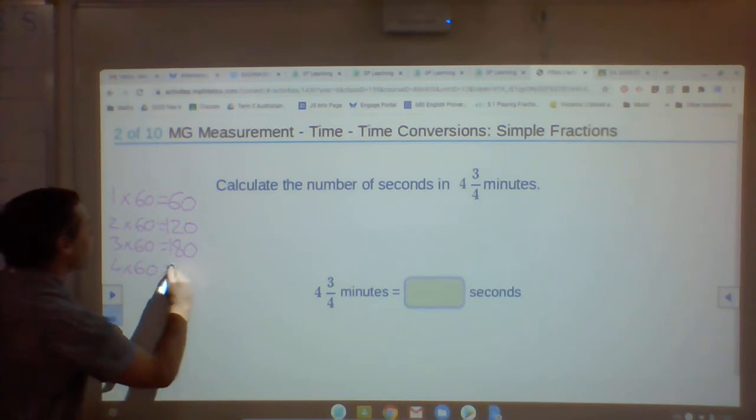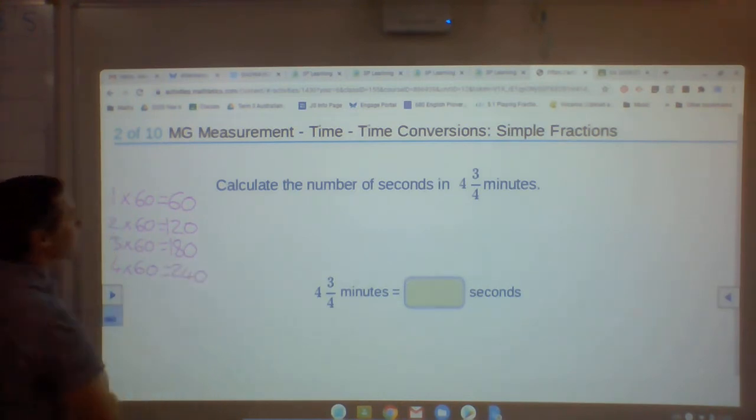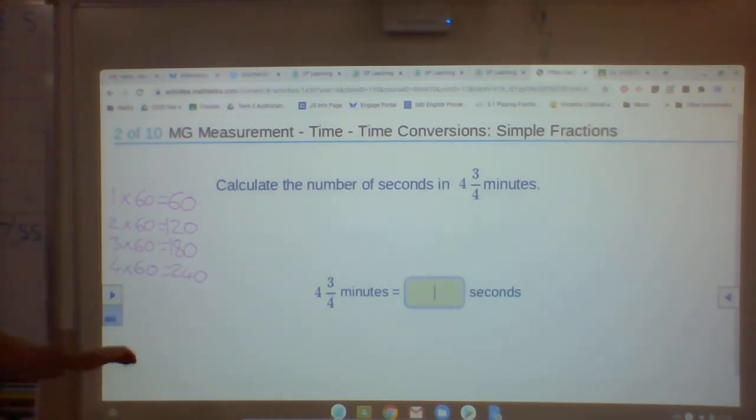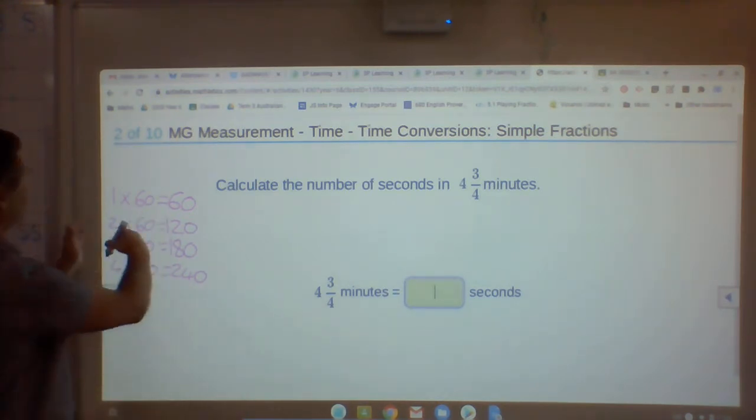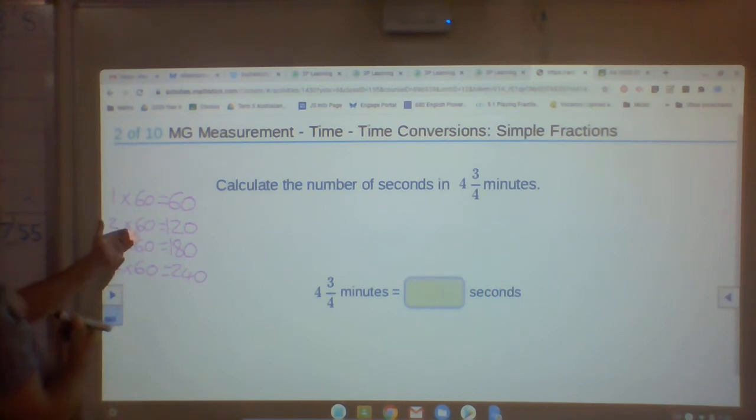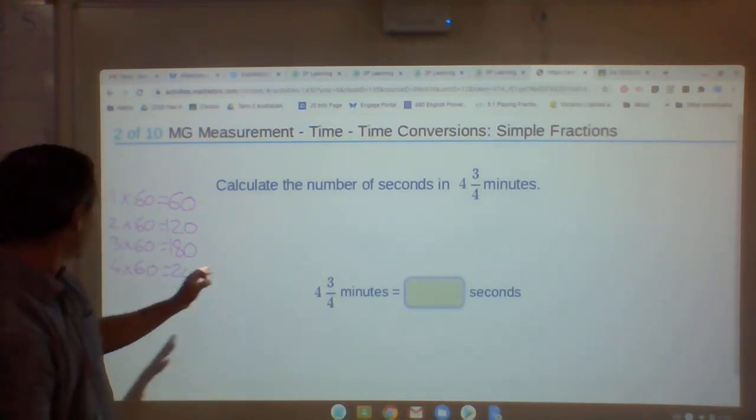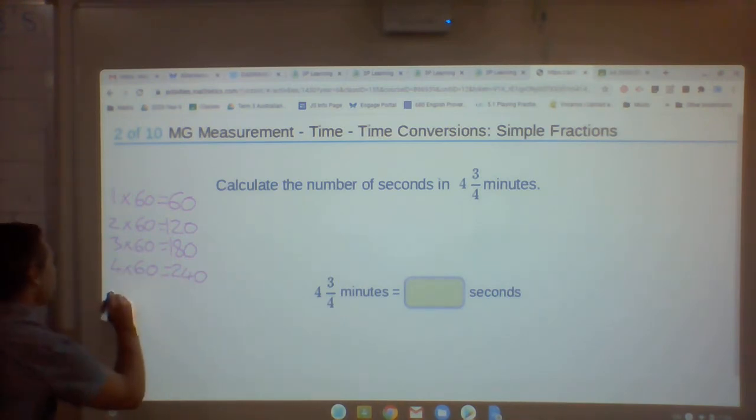And this is where your 6 times table comes in handy. 1 times 6 is 6, so we just multiply it by 10. 4 times 6 is 24, so 4 times 60 equals 240.